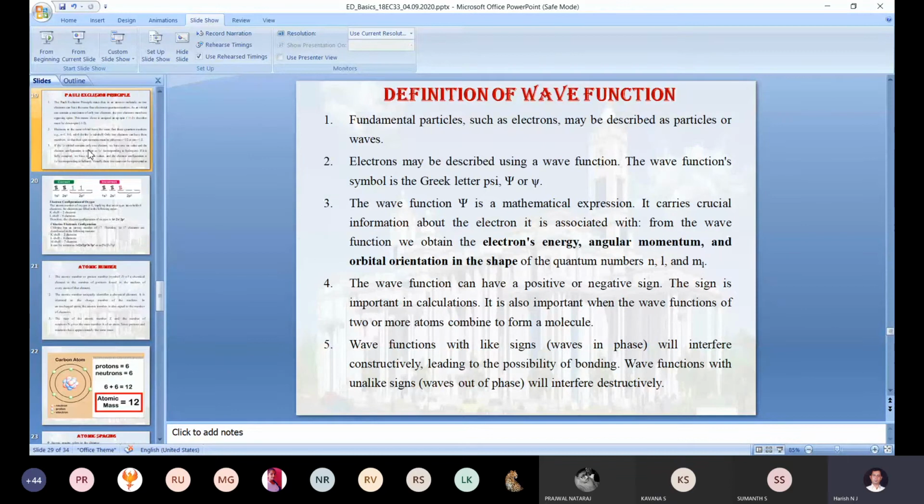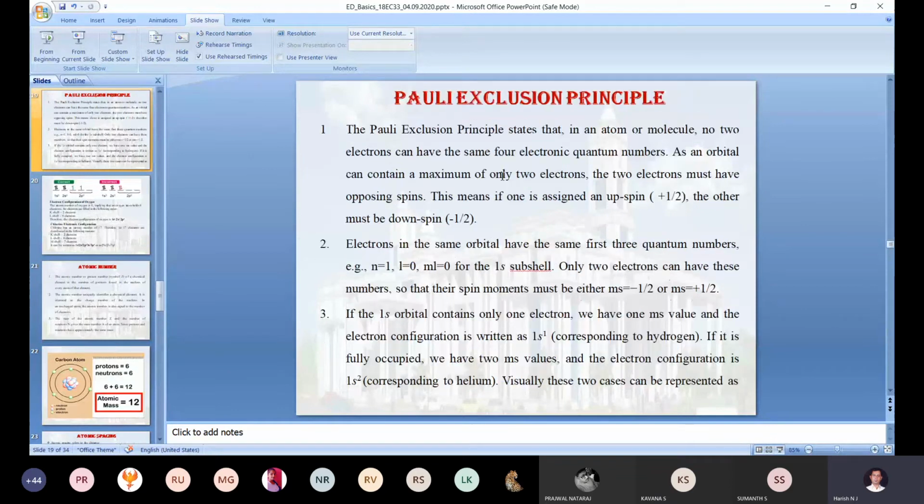You can take any atom or any orbital in a particular atom. Out of these 4 quantum numbers, let us take 3: N will be the same, L will be the same, and ML will be the same. The fourth one, MS, which we call spin, will be opposite in nature.